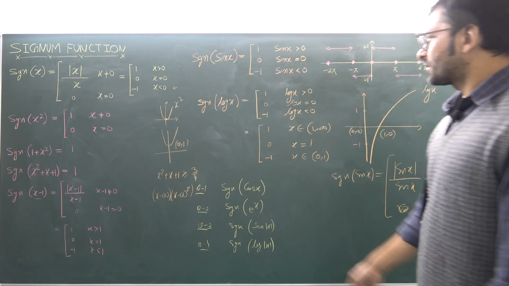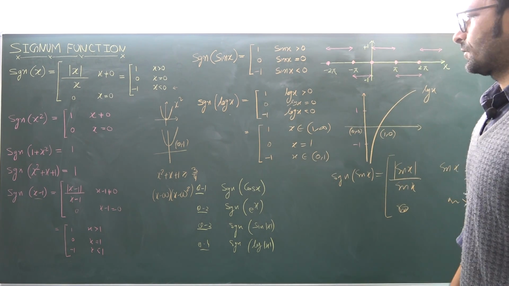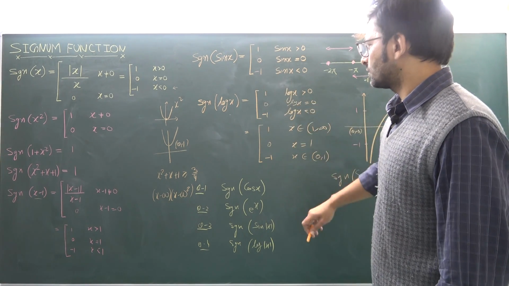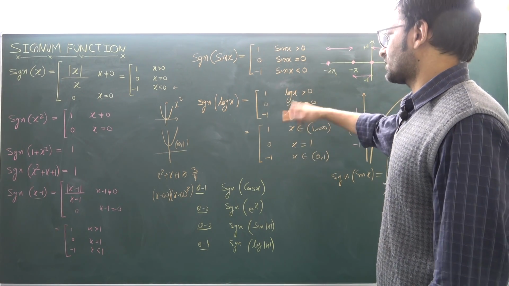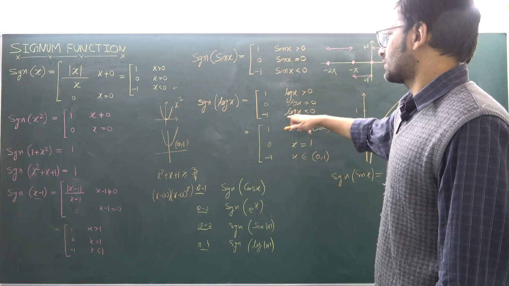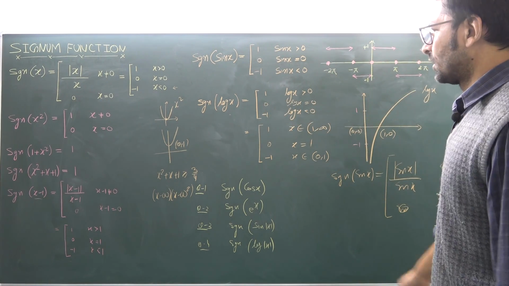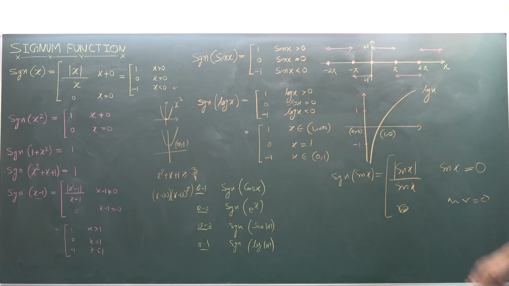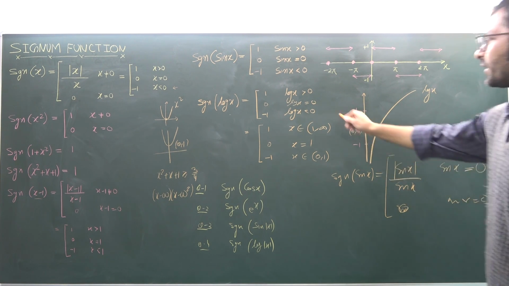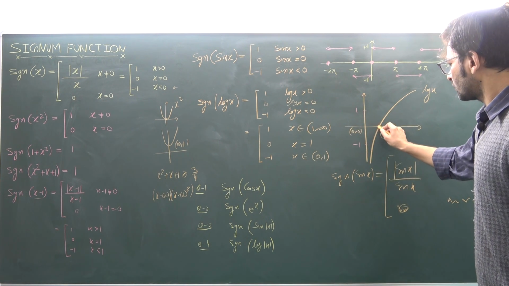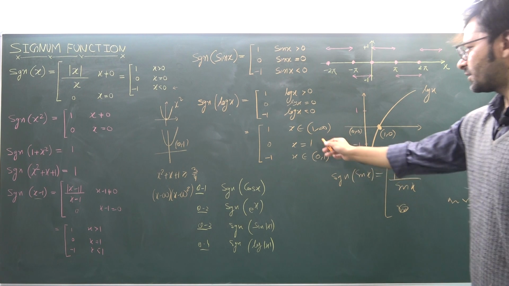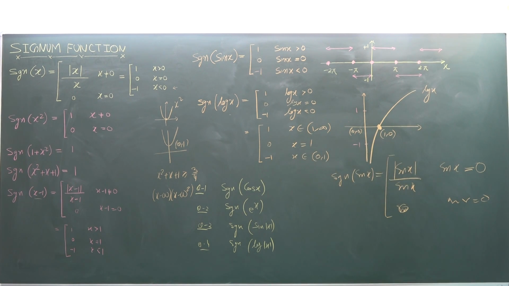Now next is Signum of log x. I'll do it directly. The value is plus 1 whenever log x is positive, 0 when log x is 0, and minus 1 when log x is negative. This is the graph of log x. Log x is 0 when x equals 1, so at x equals 1, Signum of log x is 0.